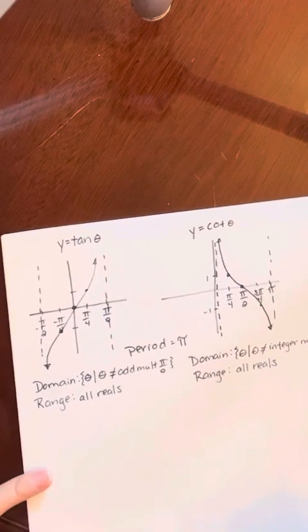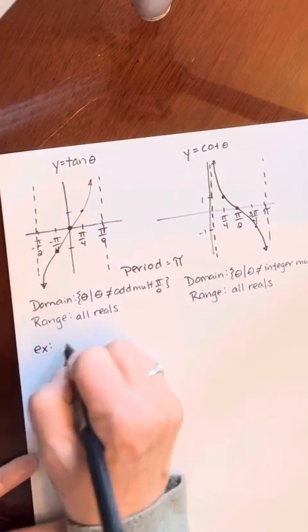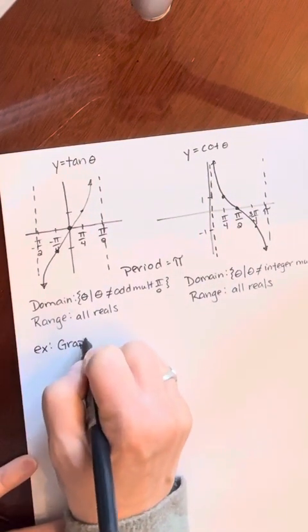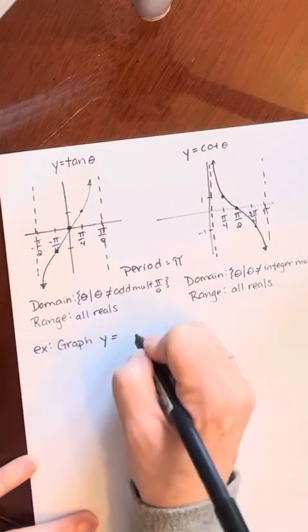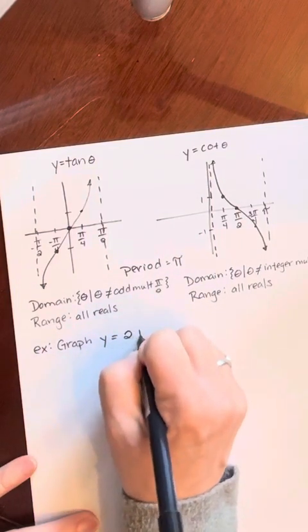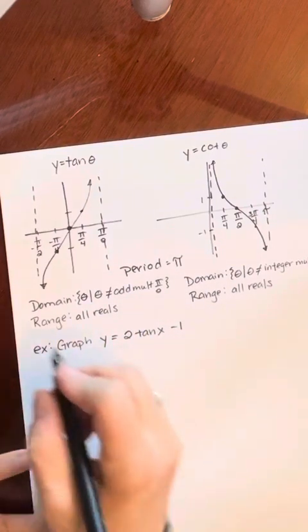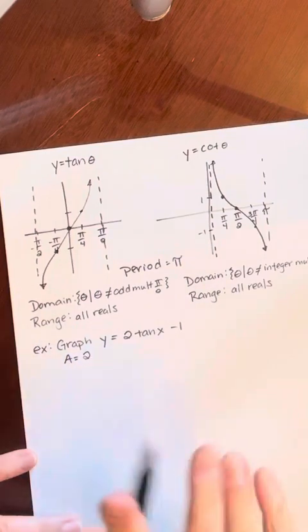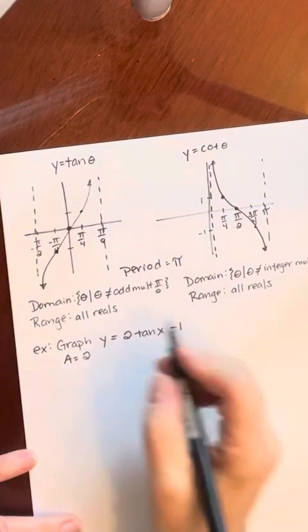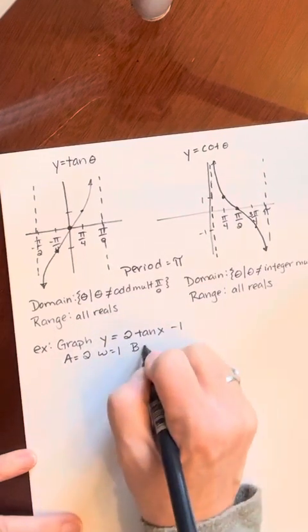All right, let's graph. Let's graph one of these guys. So we'll do an example. We'll graph, let's see, y equals 2 tangent of x minus 1. Okay, a equals 2. Same way, we're going to do the same thing with this. So a is 2, omega is 1, b is negative 1.